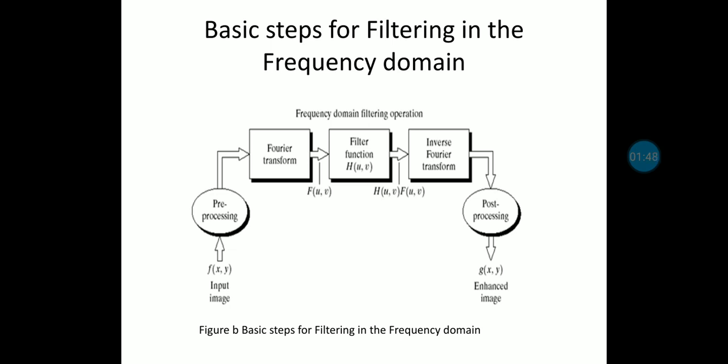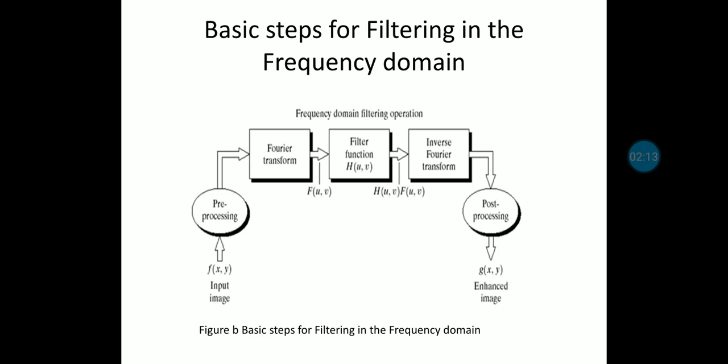We have to remember that filtering in the frequency domain consists of modifying the Fourier transform of the image, then computing the inverse transform to obtain the spatial domain representation of the processed result, isn't it? So the same has been represented by a block diagram.